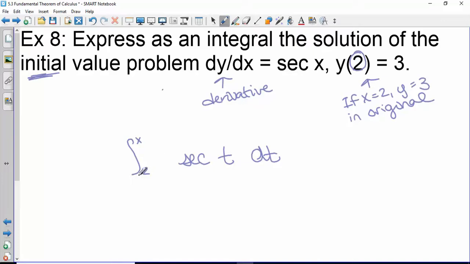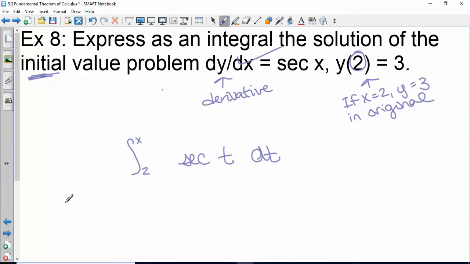Okay, so far let's see what requirement is met. If I did the derivative of this integral, do we get secant of x? Yeah. The derivative of the integral, they cancel each other and you just replace your variable with the x. That's what we learned yesterday. So this requirement is met, but I don't know about this one.